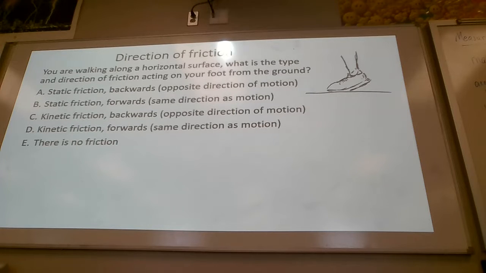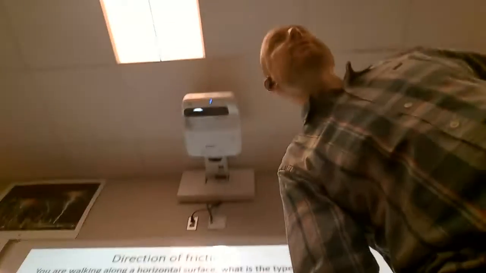Correct answer is bountiful buffaloes. Okay. So if I was on ice, and I tried to take a big lunge, what would happen to my foot?